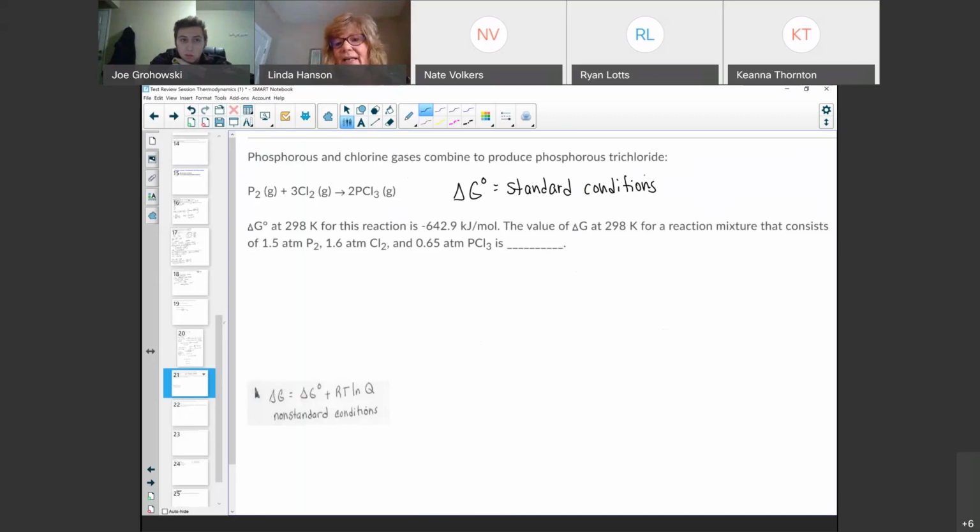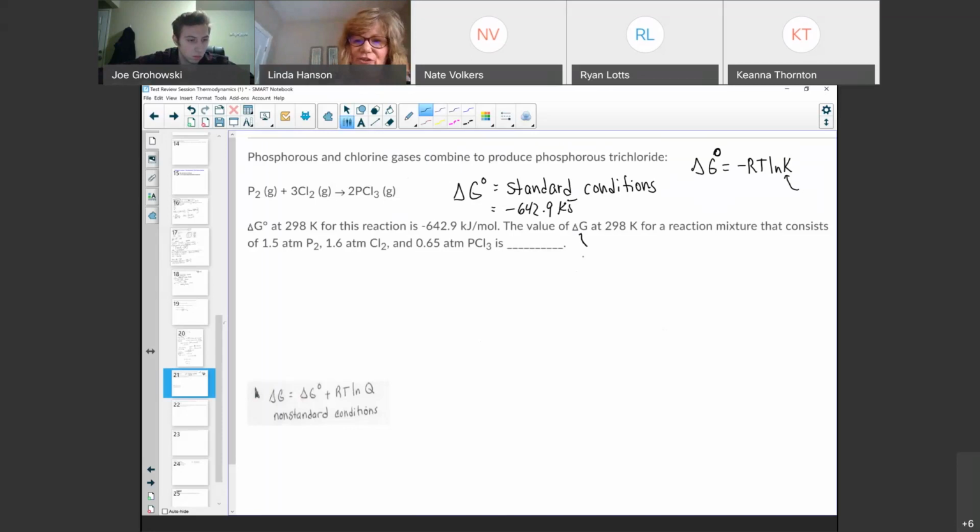And when we're looking at delta G is equal to negative RT ln K, this delta G is at standard conditions to meet the equilibrium constant. The delta G for this reaction is negative 642.9 kilojoules per mole.